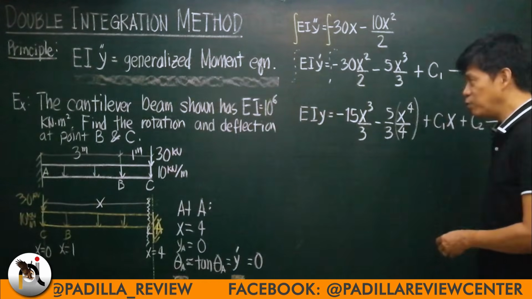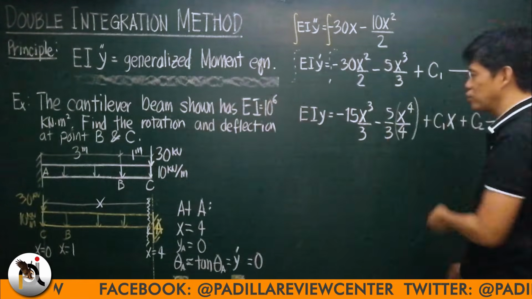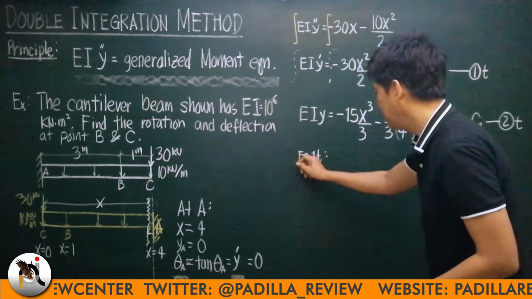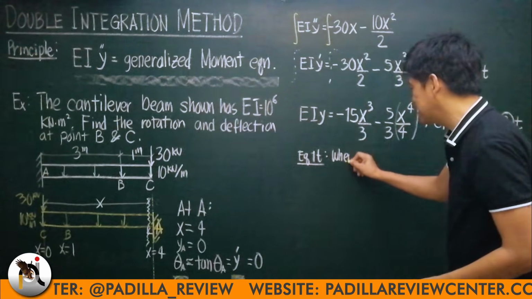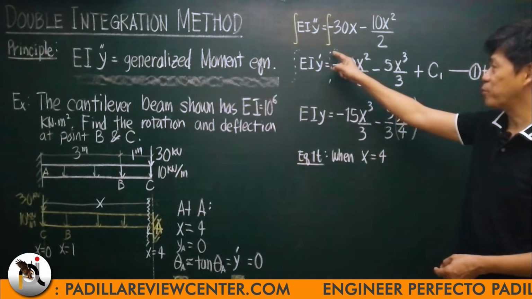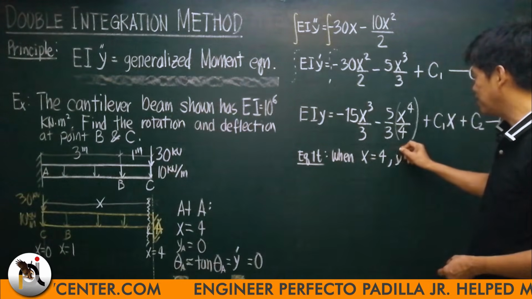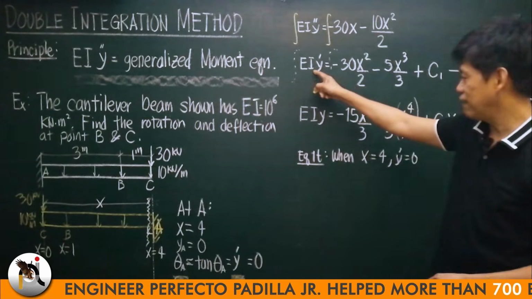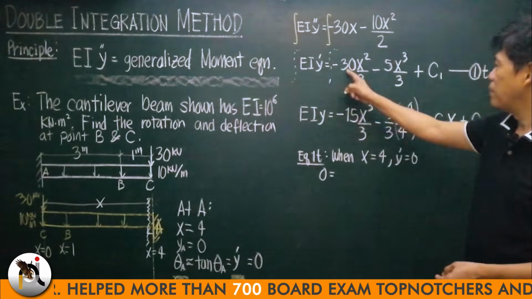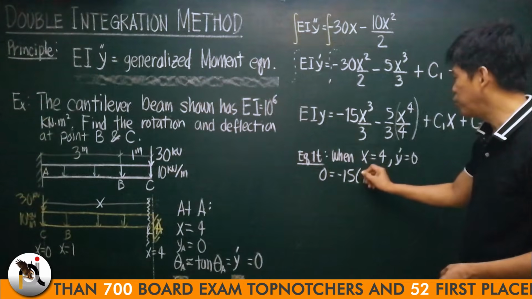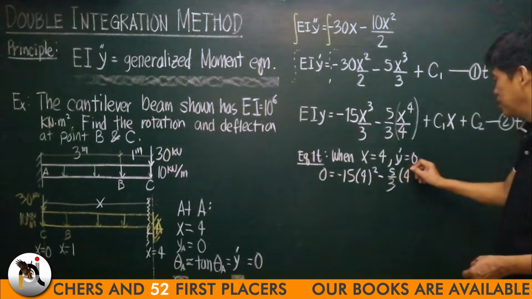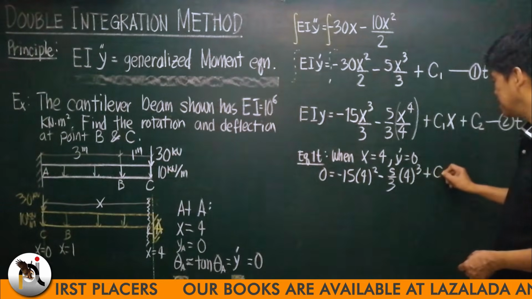Look here. If we substitute in equation 1t, when x is 4, y prime is 0, right? Correct. So you have 0 equals minus 15 times 4 squared minus 5/3 times 4 cubed plus C1.